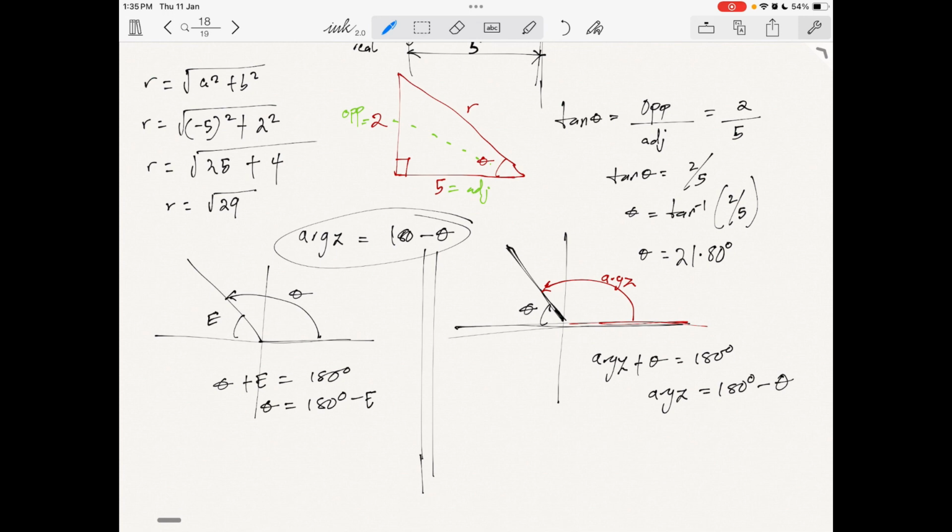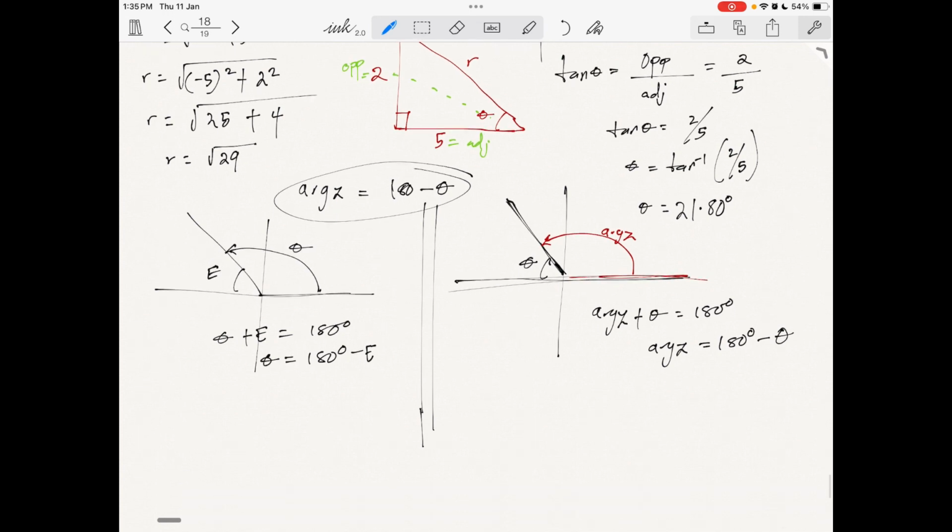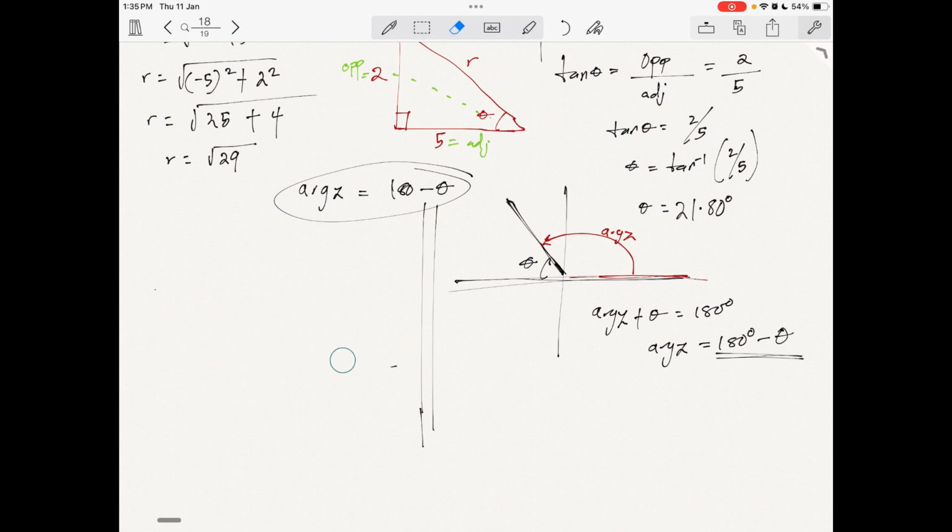So in that case, what we have here and what we have here will be similar. But not to confuse us, we have started with 180 minus theta.